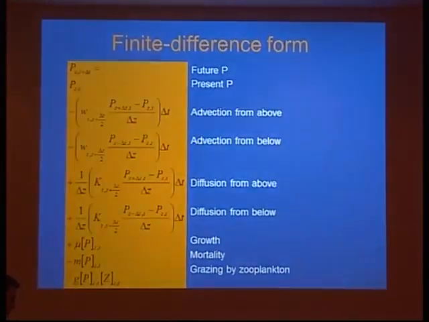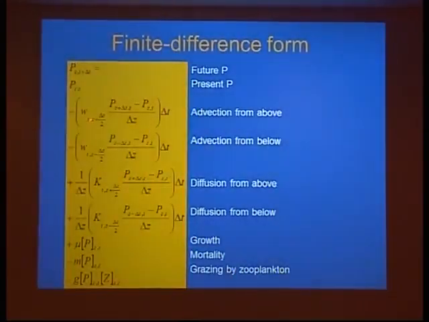I will show you how we'll do this. You write the governing equation that I have shown you in finite difference form. It's very simple. To understand what's going to be the biomass of a certain phytoplankton at a later time step, you need to know its biomass at the present time step.